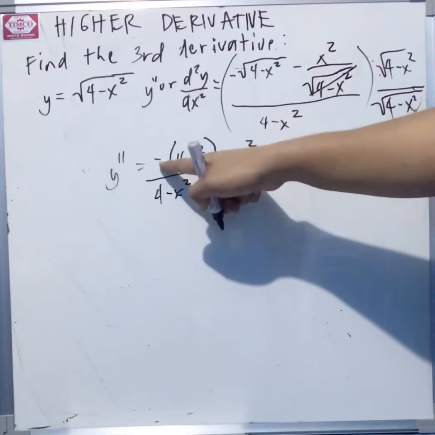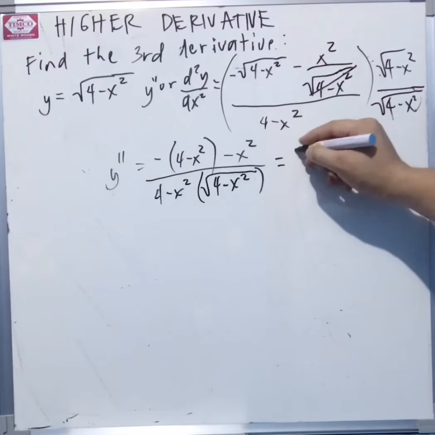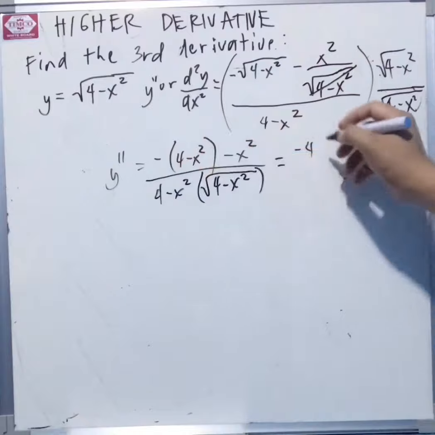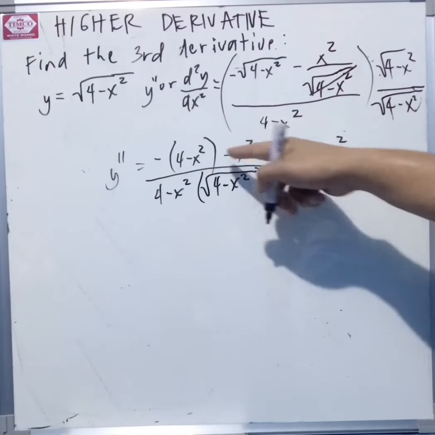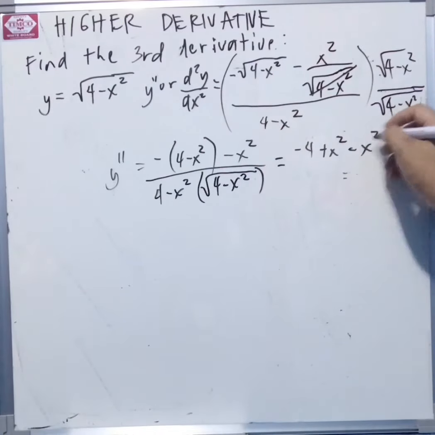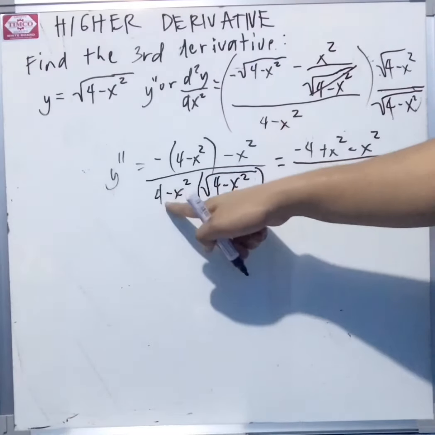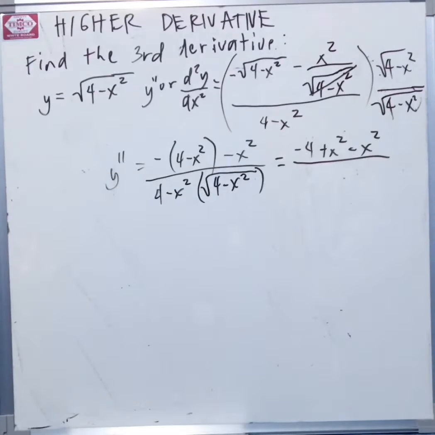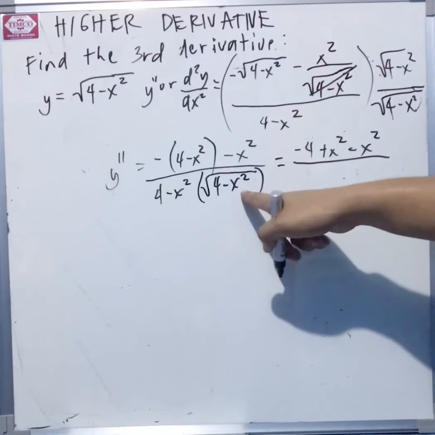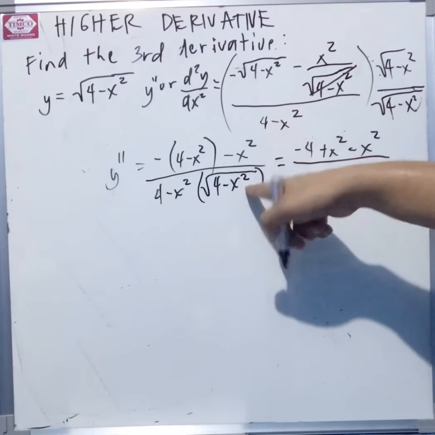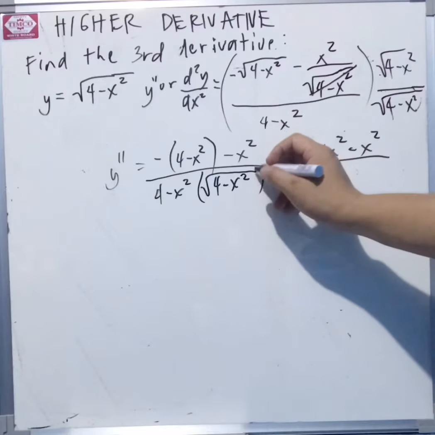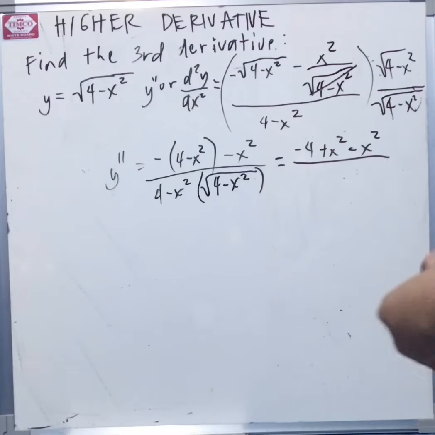So, distribute natin yung negative. So, equal yan sa negative 4. So, positive x squared minus x squared all over itong 4 minus x squared, diba? Ito class, no? Ito is equal to 4 minus x squared raised to 1/2, diba?